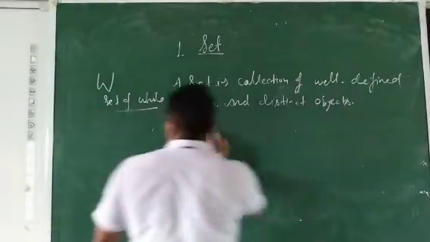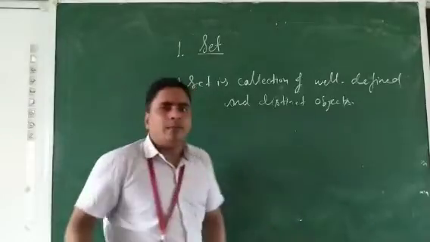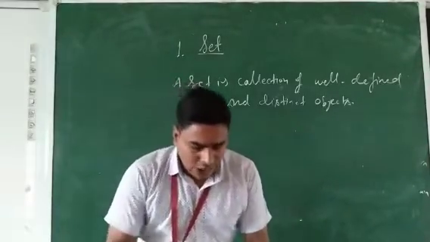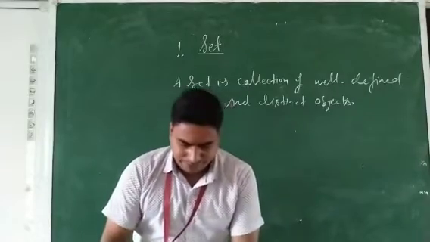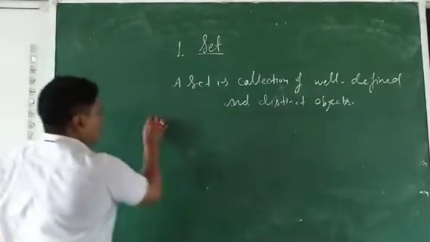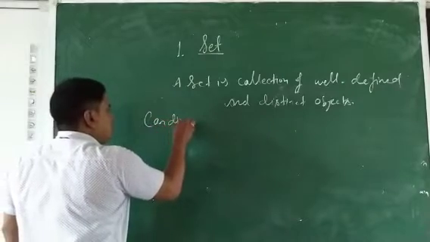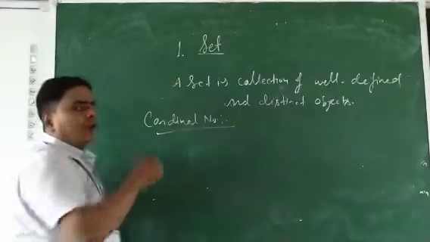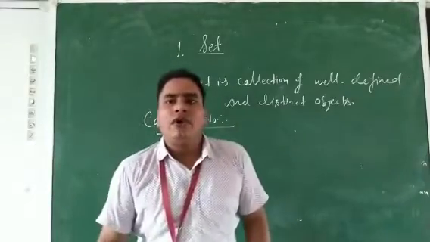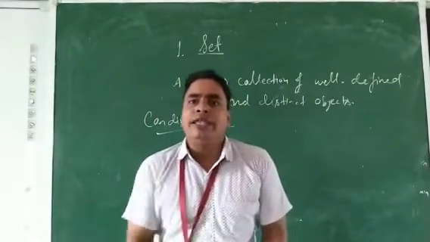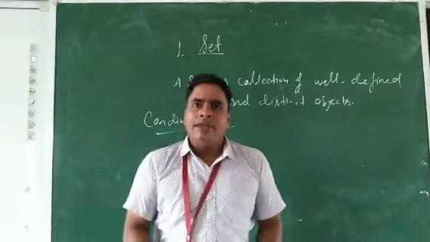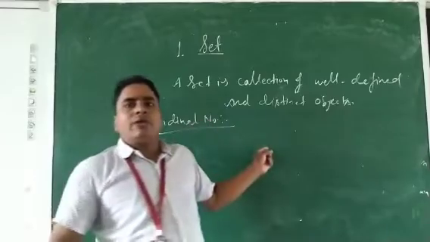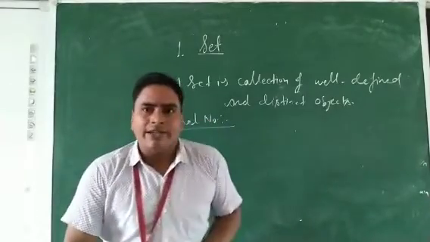Use the concept of cardinal number. This cardinal number represents the number of objects, members or elements in a set. It means how many elements are there in a particular set which is already defined. Clear?